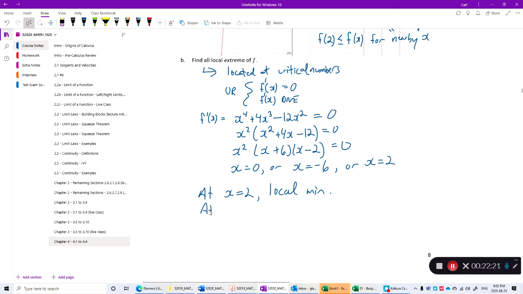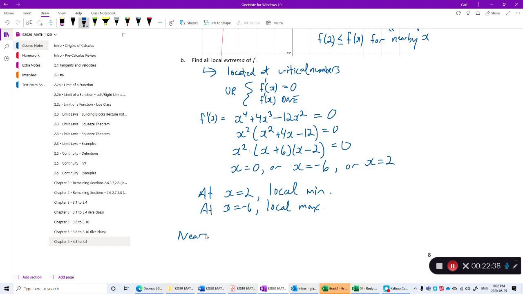And so let's summarize this. At x equals minus 6, it's a local max. Now, let's make an observation here. Let's try this.